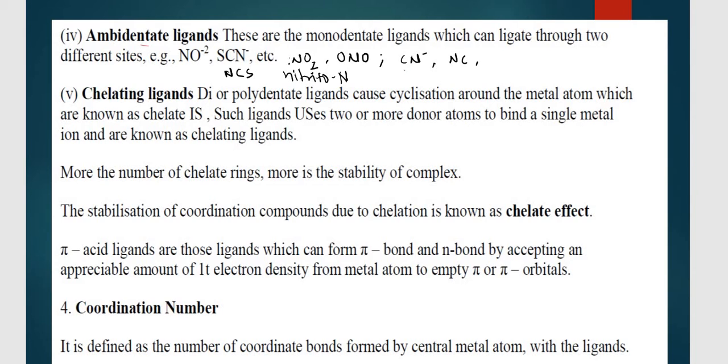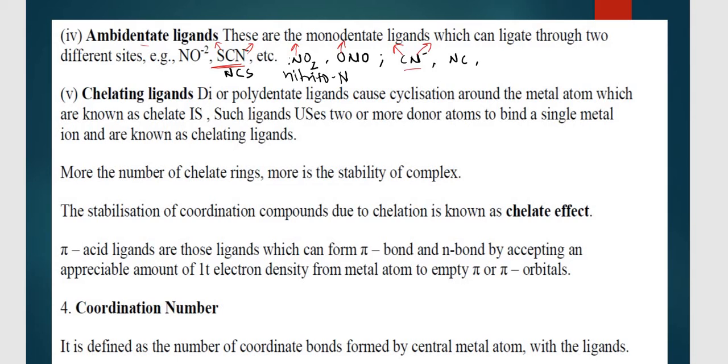For example, CN can donate through the nitrogen side or the carbon side. In the same way, NO2 can donate from nitrogen as well as oxygen. When it donates from nitrogen, we call it nitro, and when it donates through oxygen, we call it nitrito, or maybe nitro-N, nitro-O. In the same way, SCN can also donate through the sulfur or nitrogen side.